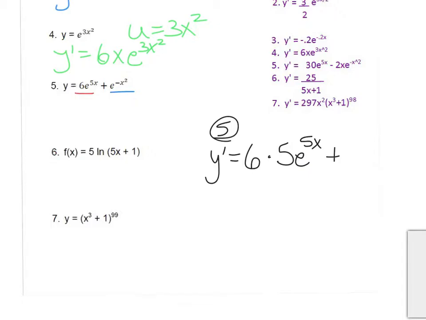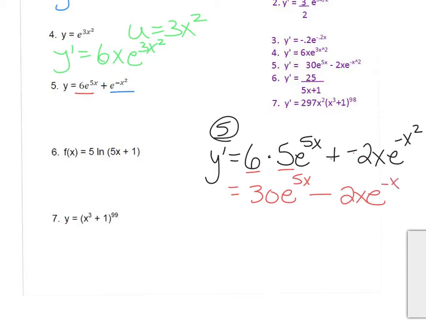Then for the second part in blue, the derivative of negative x squared is negative 2x, and then e to the negative x squared. So to finalize this, I'm going to do 6 times 5, and then plus a negative is minus, and that's our final answer for 5.